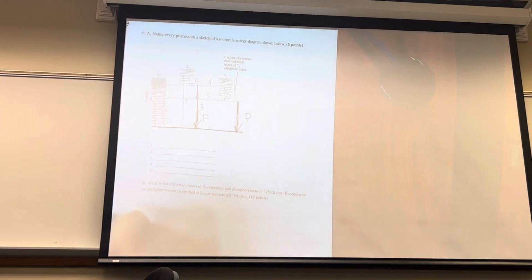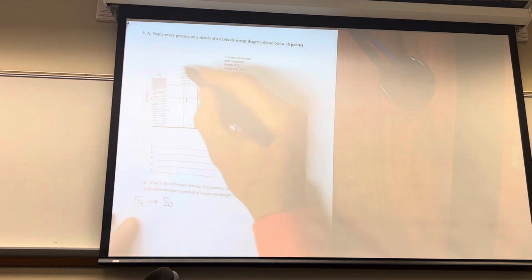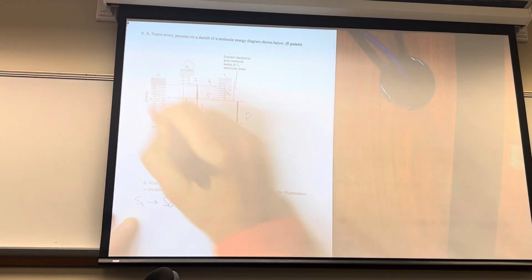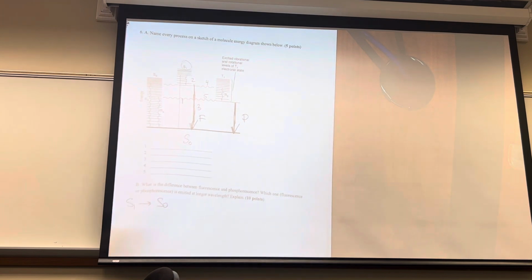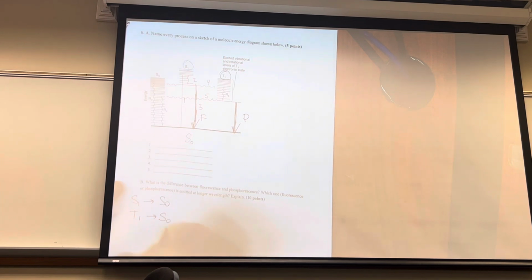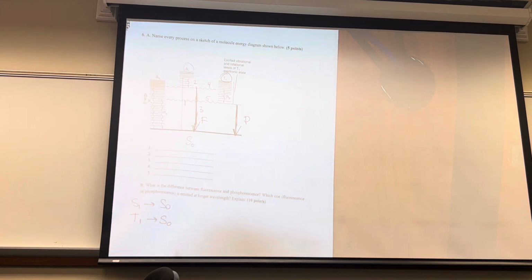First of all, if we go from S1 to S0, singlet excited to singlet ground, and the photon is emitted, that's fluorescence. If we go from a triplet excited to a singlet ground, that's phosphorescence, right?